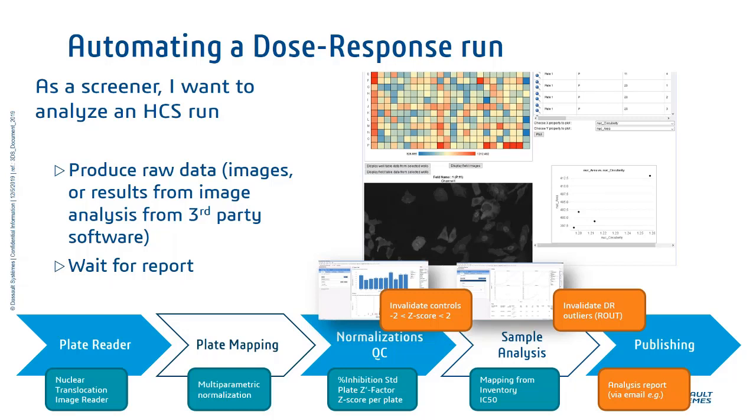So once again, we have implemented it in Assay, both in the framework, being able to automatically invalidate assay results based on some criteria, but we also provided some out-of-the-box analysis, including this ROOT method that helps you invalidate outlier points on a curve.